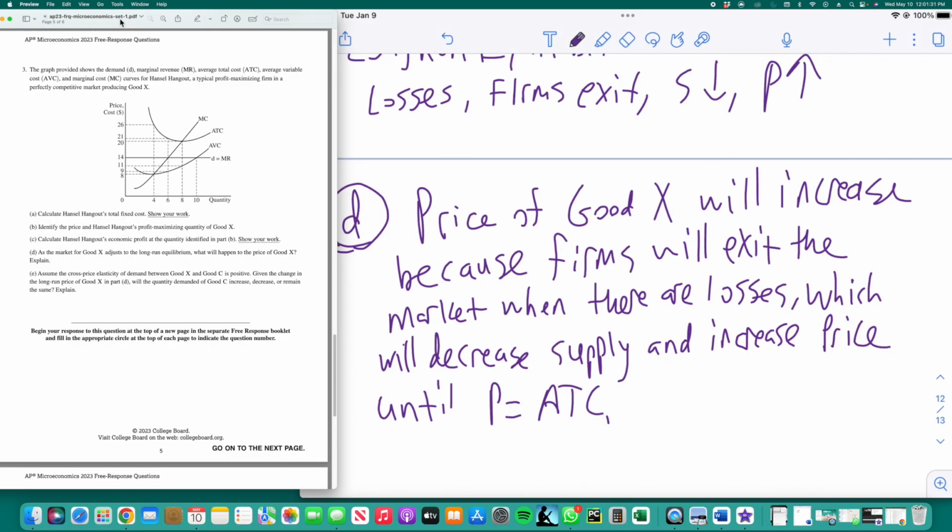That's my answer for D. Price will increase because the firms will exit.